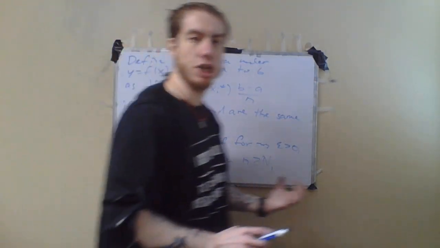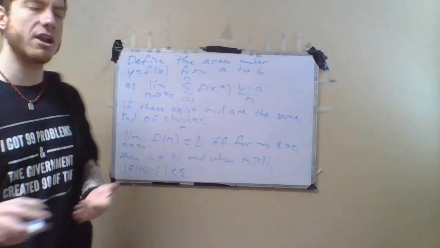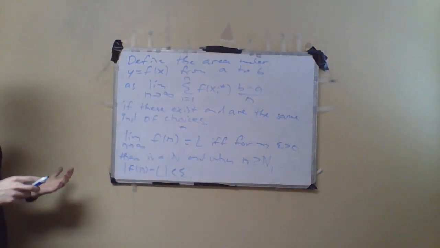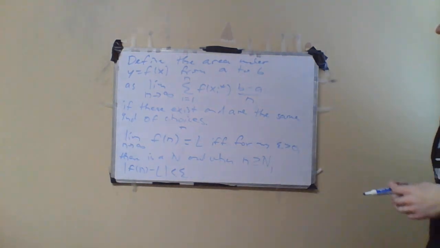So it's the same definition as a limit at infinity. It's just that the variable is now a discrete variable instead of a continuous variable. Not really that big a deal. So that's what this limit means.